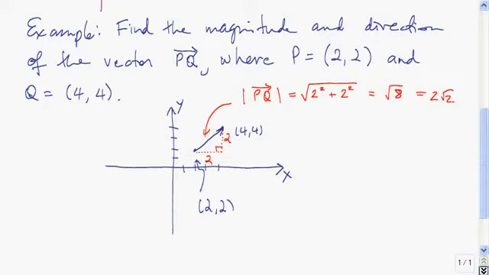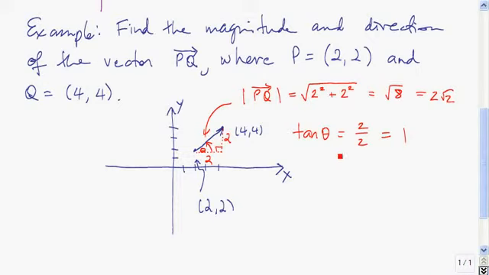Okay, to find the angle of the vector, what we need is the angle as measured counterclockwise from the horizontal. We notice that we know the length of the side opposite this angle, and we know the length of the side adjacent to this angle. So I'll call the angle theta. And so what we have is that the tangent of theta is equal to the opposite divided by the adjacent, or 1.